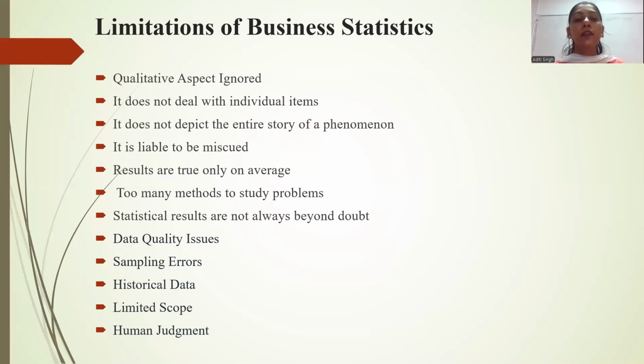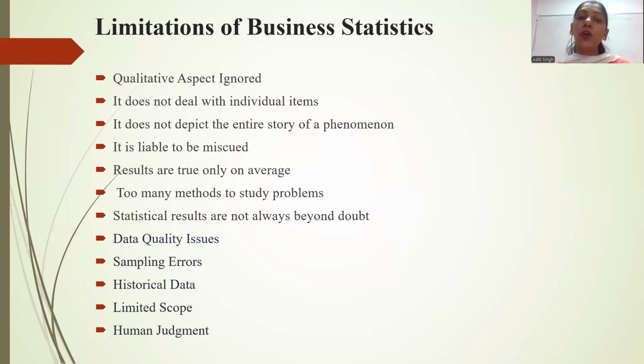Next point is limited scope, as statistics can only analyze the data that has been collected, so it may not account for all the factors that were not measured or considered.